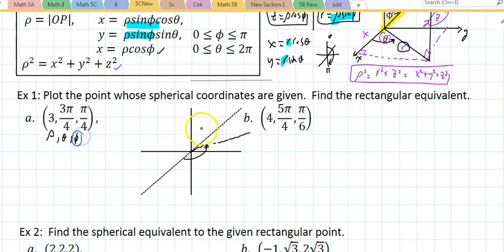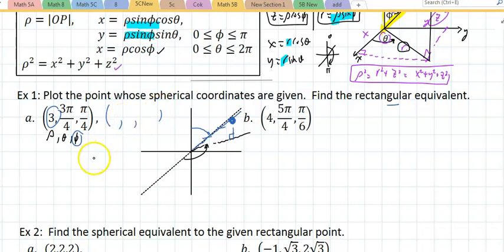Phi is going to run down 45 degrees, and you're going to move 3 units. You're right there. That's the location.